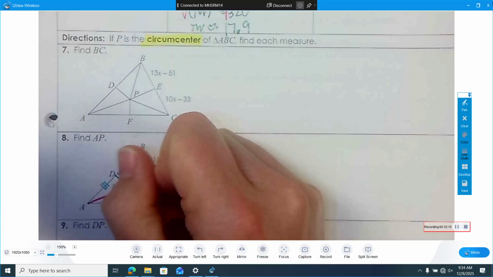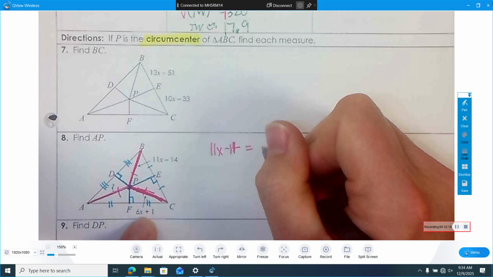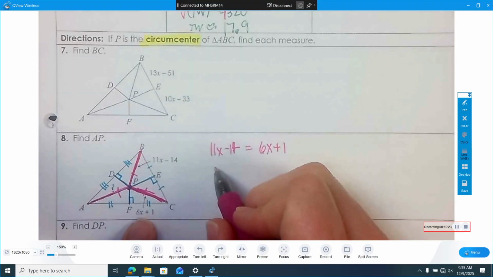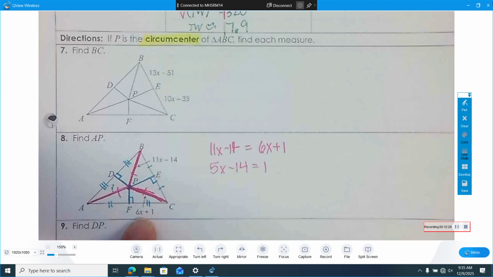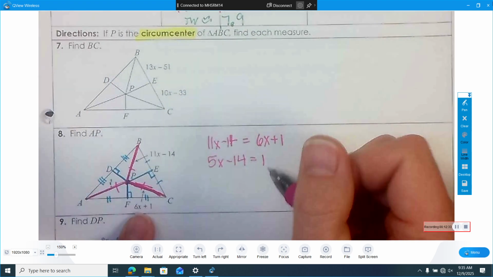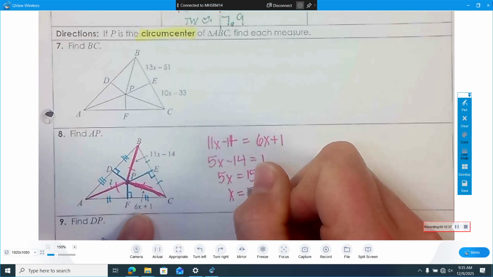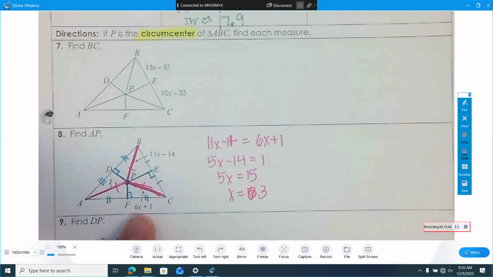We know that they're congruent. All three of these pink lines are the same length, so we can set them equal to each other. So 6x plus 1. I'm going to subtract 6x, so that gives me 5x minus 14 equals 1. And then we can add 14, so we would get 5x equals 15, x equals 3.